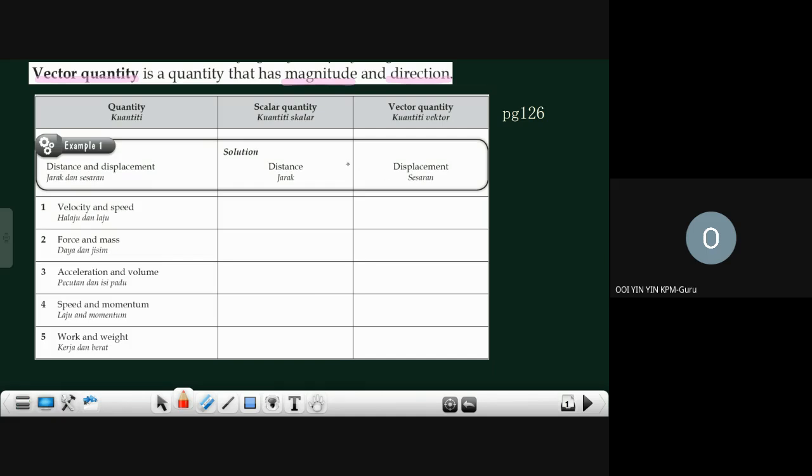I tell you, scalar quantity here is speed. I think you still remember, right? We have learned a lot in chapter 7 of modern maths, the speed time graph, remember? And then vector quantity here is velocity. Actually, these two things are basically the same, they are speed. But velocity is speed with direction, so we will know where it will go.